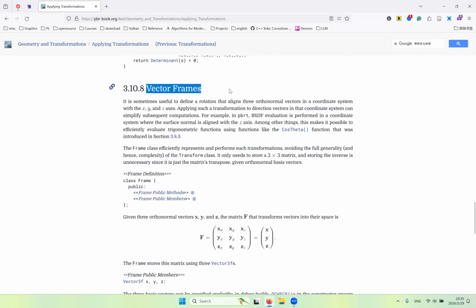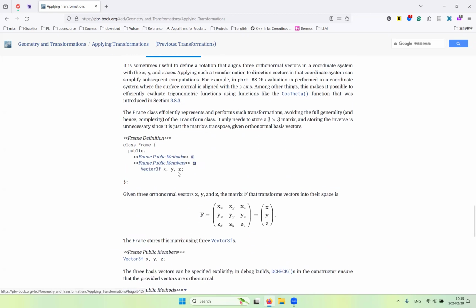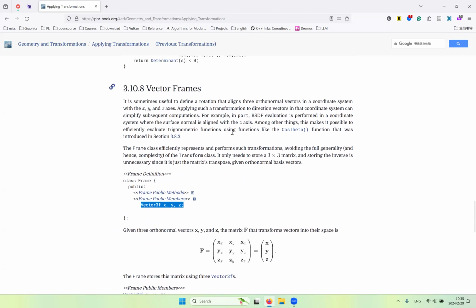Vector frames. So this class just stores a frame as three basis vectors, I assume. Yeah. So I think Ray Tracing in One Weekend also has this class.